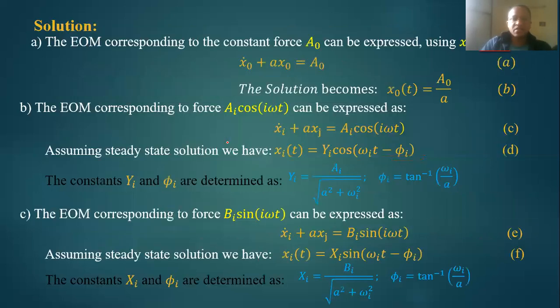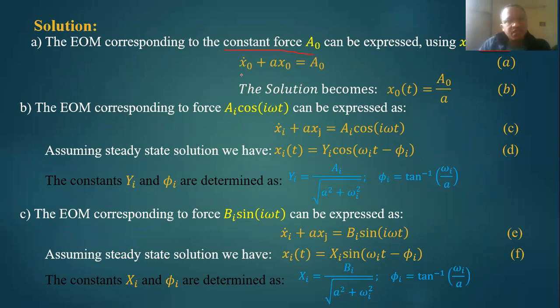Let's see. The first case is the constant term, for the constant forcing: x naught dot of t plus a times x naught, which is equal to a naught. This is the equation.